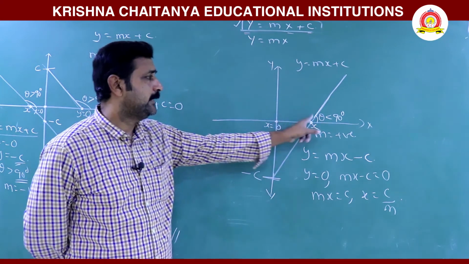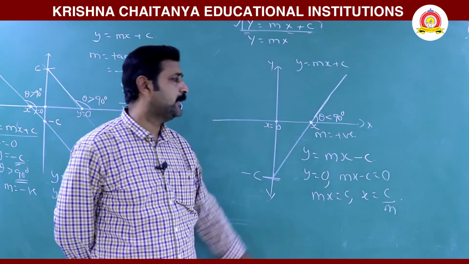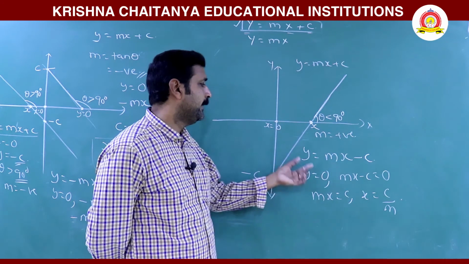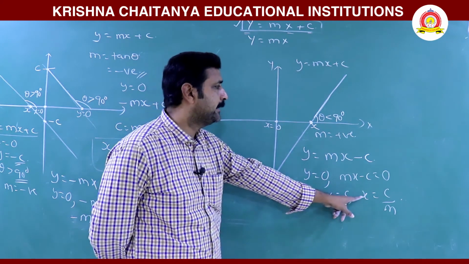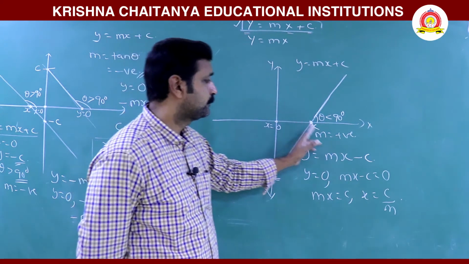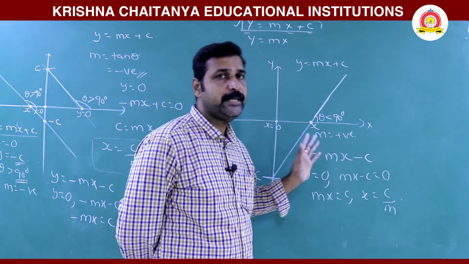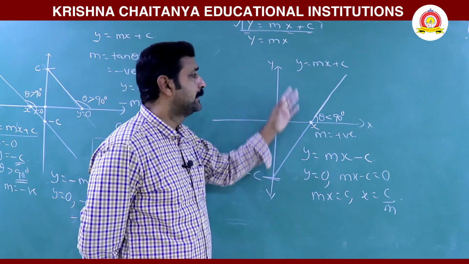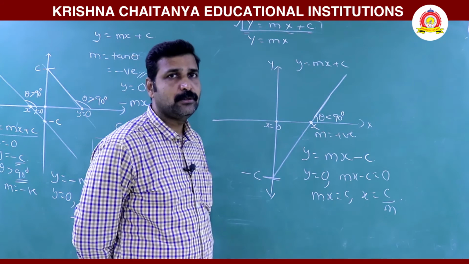Second step, theta less than 90, so the slope is positive. Third step, taking y as 0, you will get the x-intercept, which is positive. These are the three steps to look for straight lines which are not passing through the origin.